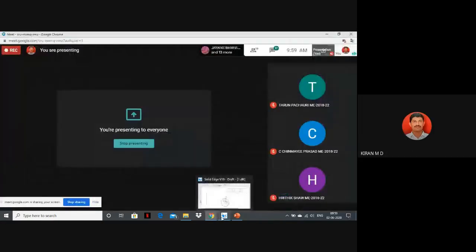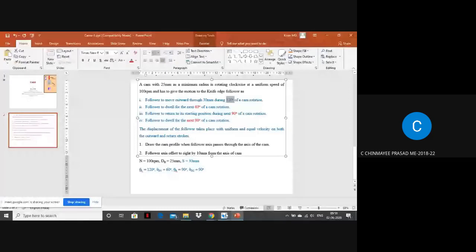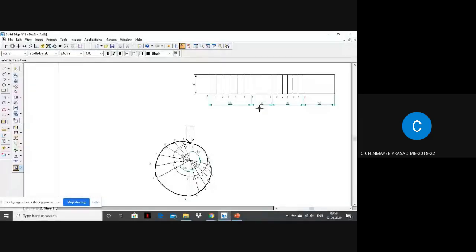Sir, why aren't we dividing the middle portion, the 60 that you marked? See, what will happen: it lifts from here to here, then it stays for this angle.